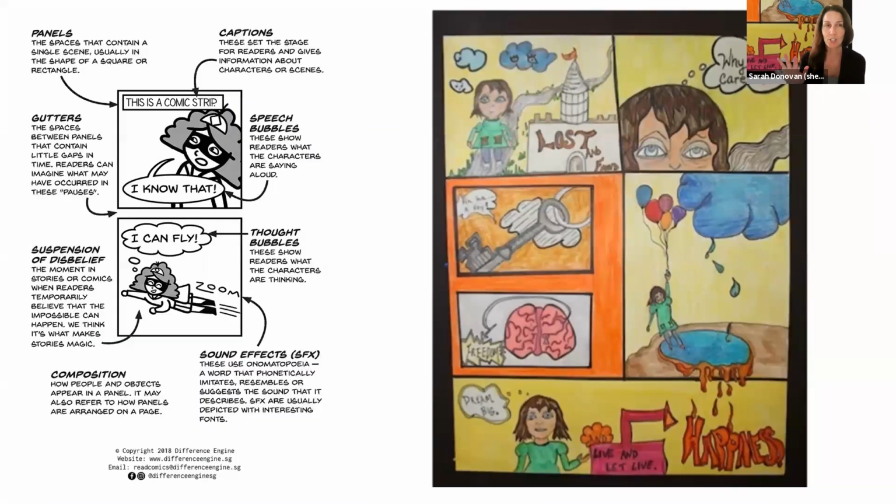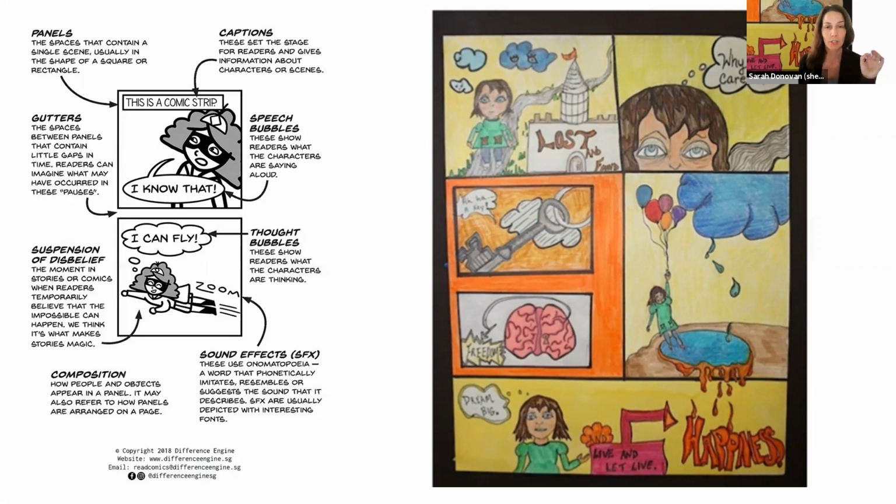So then I want to talk to you just a little bit about the structure of the comic. You notice that there are panels, all the different segments that you can see here. The captions: the boxed caption at the top is a space that contains just a little bit of information that's not part of the dialogue.